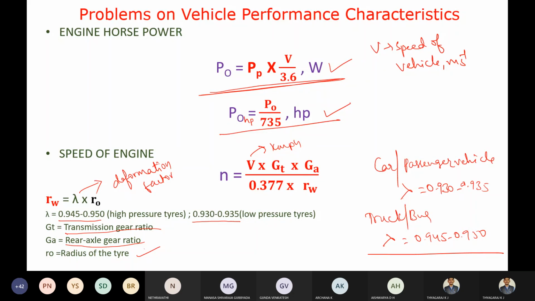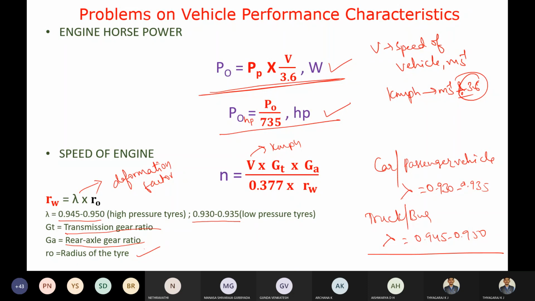To convert the speed from kilometer per hour to meter per second, we divide it by 3.6, not multiply. Then for converting the watts to horsepower, we are going to divide it by 735.